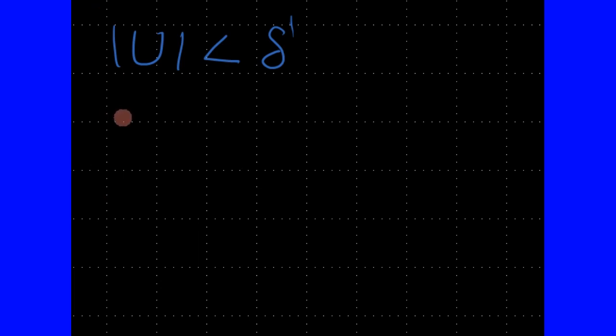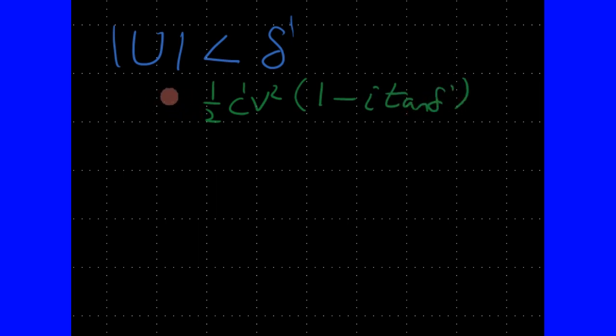So how do we do that now? We had again 1/2 CV squared, and then we had 1 minus i tangent delta, and this equals U. If we take the magnitude of this term, we're going to get 1/2 CV squared.